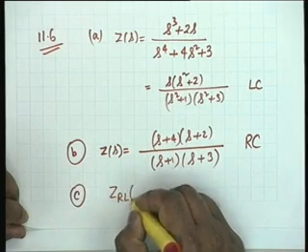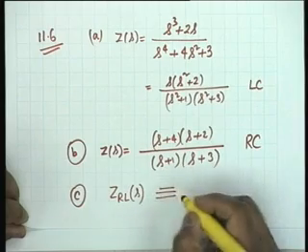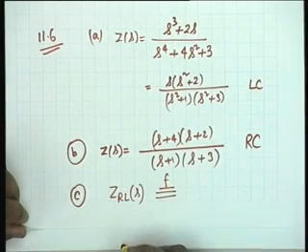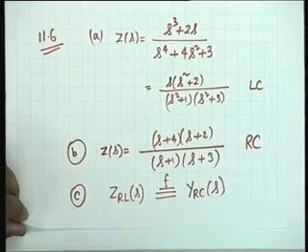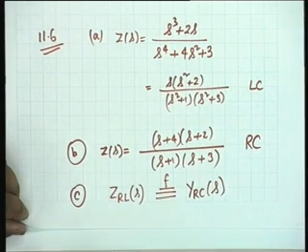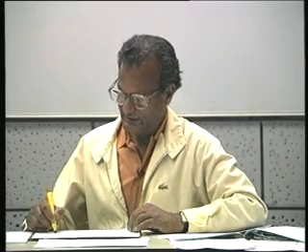Z RL of S is, we use the symbol triple line with an F, for equivalence, the same as Y RC of S. And in the morning we saw that Y RC of S has to have the first critical frequency a zero and the last critical frequency a pole, and therefore C qualifies as RL.